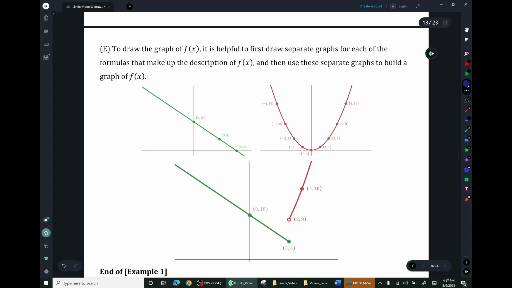Question E says to illustrate our results of the previous parts with a graph of f of x. To draw the graph of f of x, it's helpful to first draw separate graphs for each of the formulas that make up the description of f of x, and then use these separate graphs to build a single graph of f of x. So let's go back up and look at the description of f of x.